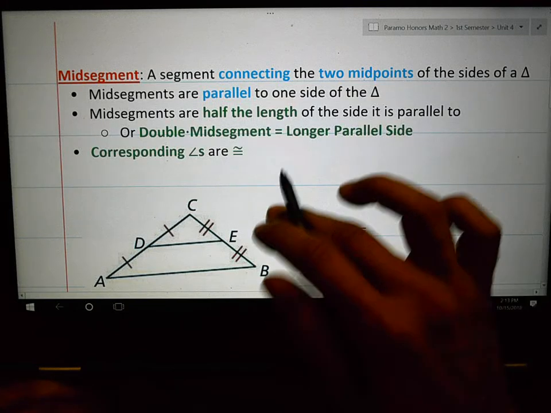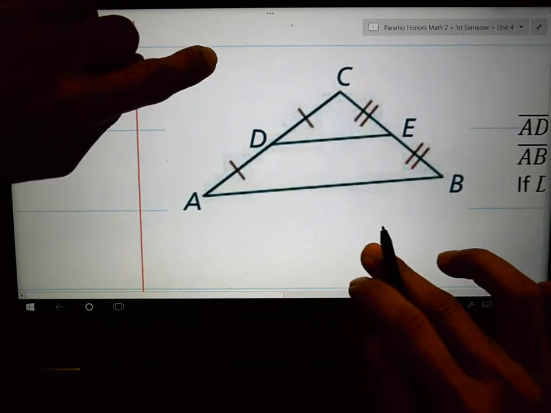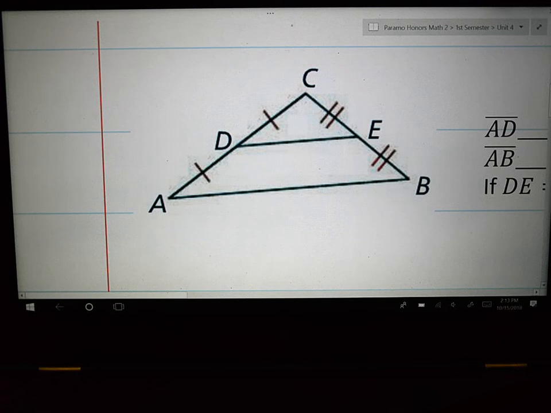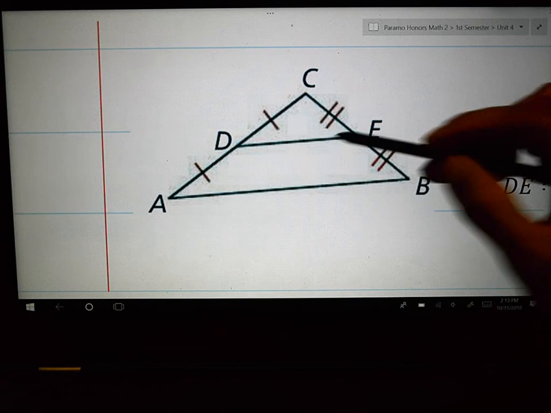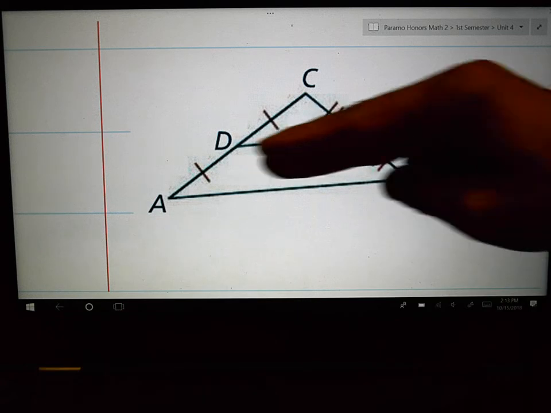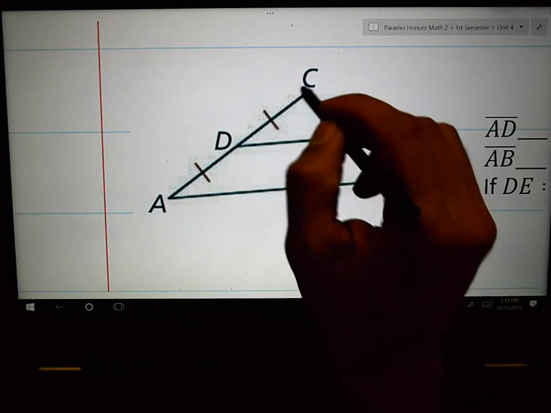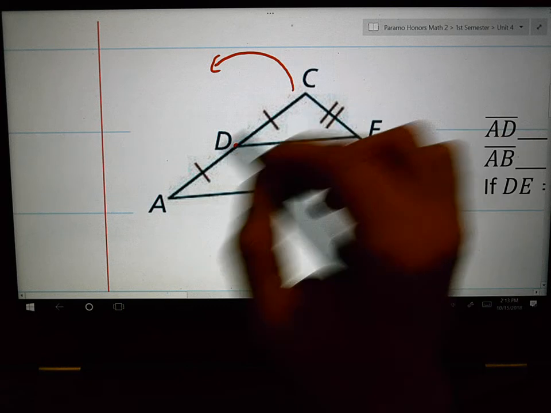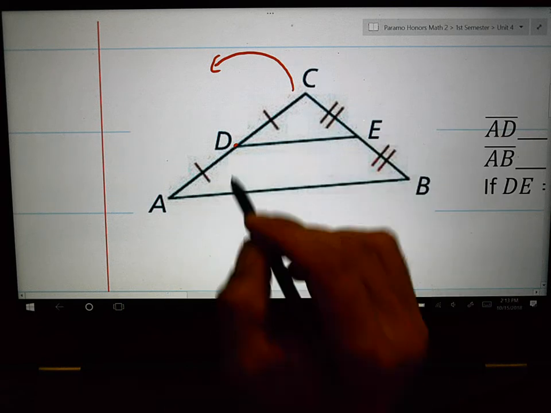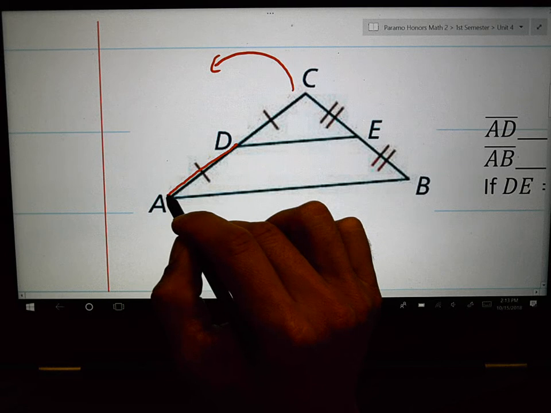Let me show you how I remember that. Here's this picture. If I were to take this midsegment and cut it down with a pair of scissors in my brain, and then take this piece and rotate it about this point until DC lined up exactly with DA, this is what you would get.